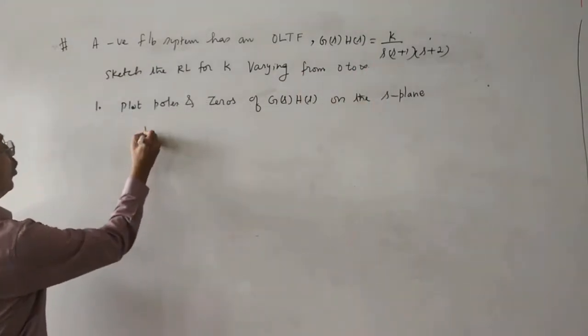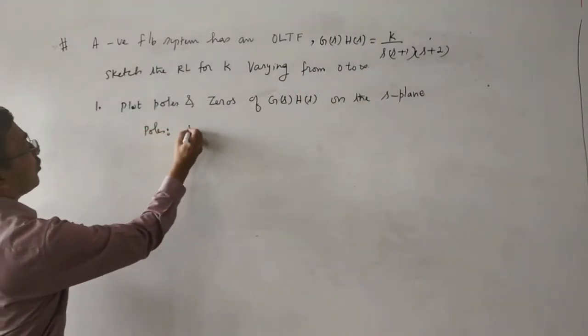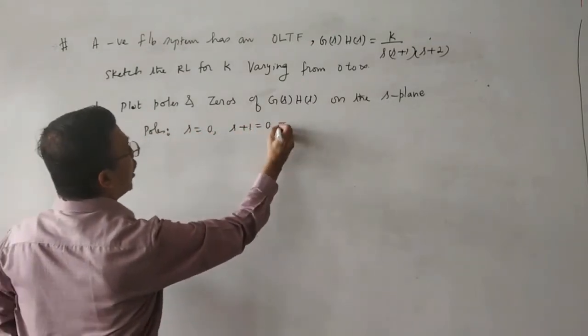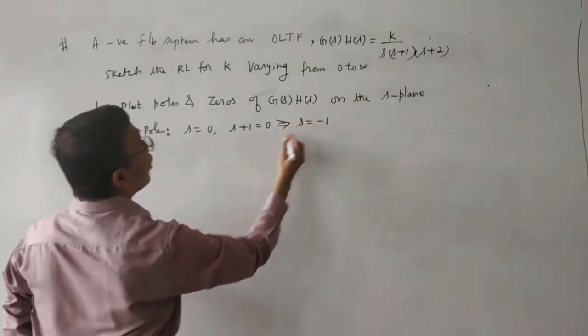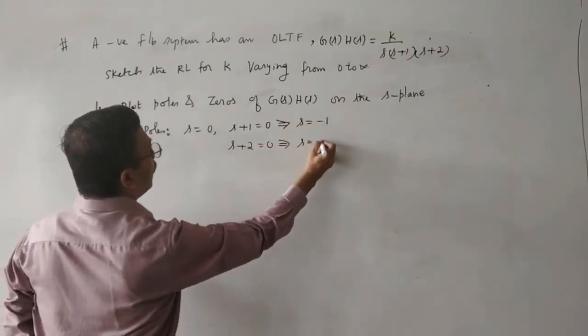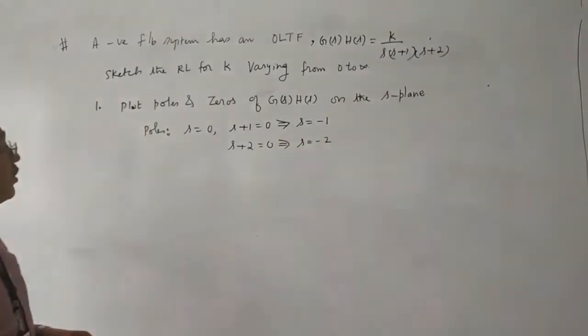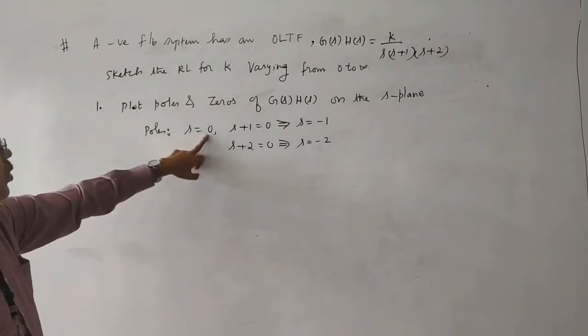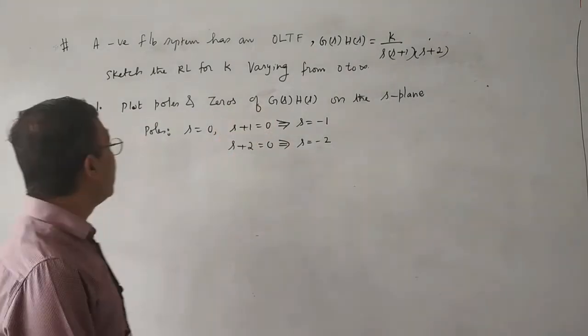So, how do you get poles? s equal to 0. s plus 1 equal to 0 implies s is equal to minus 1. s plus 2 equal to 0 implies s is equal to minus 2. There are three poles which are at s equal to 0, minus 1 and minus 2.